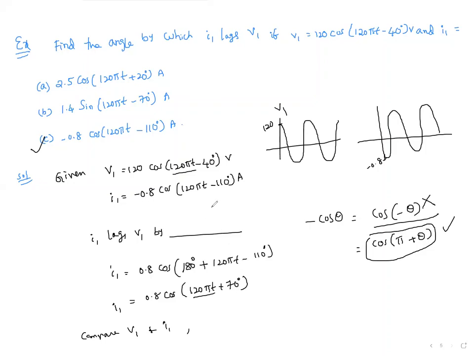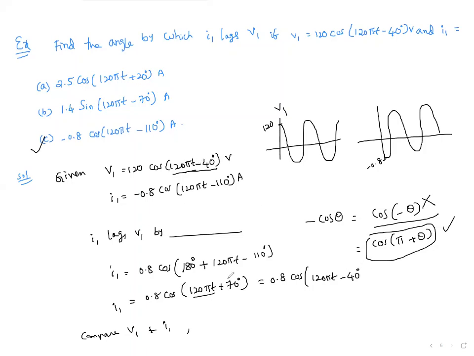Okay, I will adjust this I1 a little bit again. Can I write the same thing like this, 0.8 cos of, here I need to have the total this much, then I can easily compare. So I'll write 120 pi t minus 40 degrees.